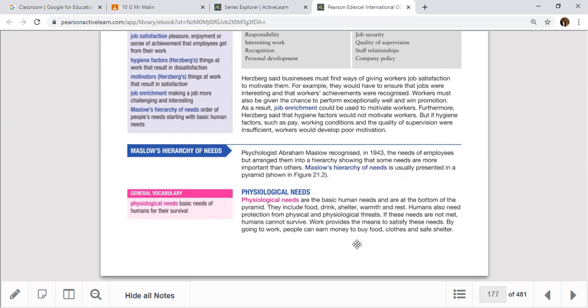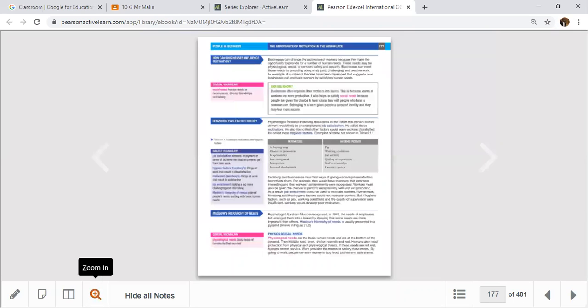Human needs also include protection from physical and psychological threats. If these needs are not met, humans cannot survive. Therefore, work provides the means to satisfy these needs. By going to work, people can earn money to buy food, clothes, and safe shelter.